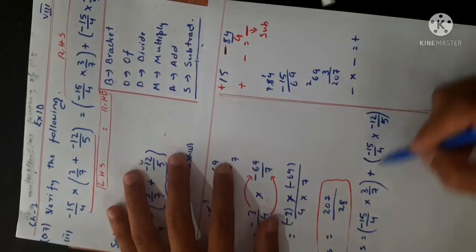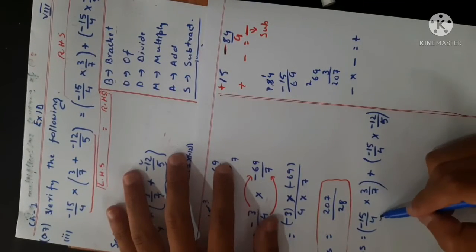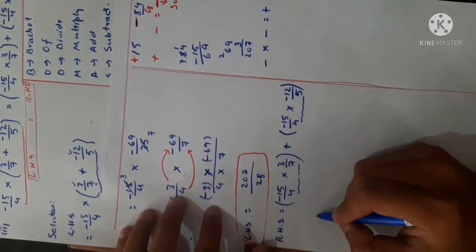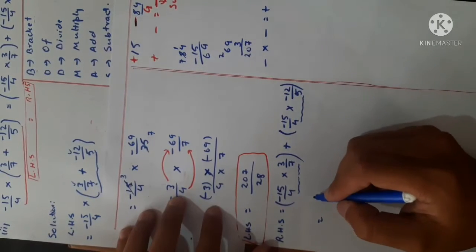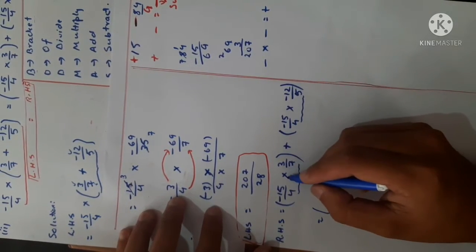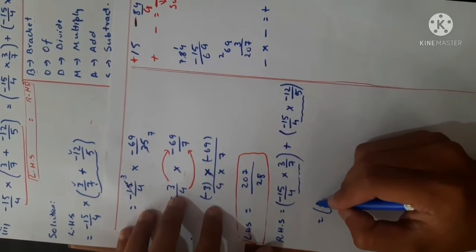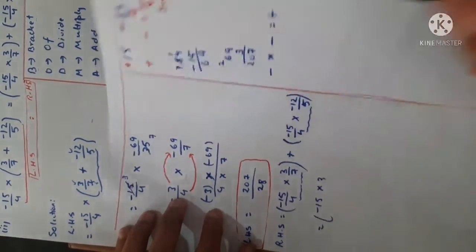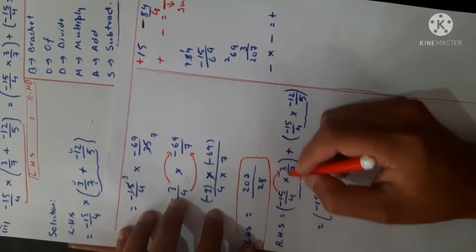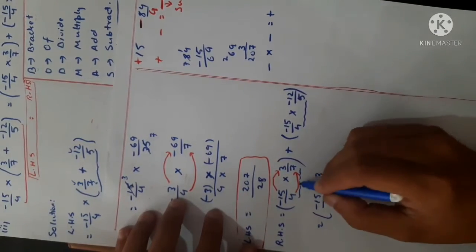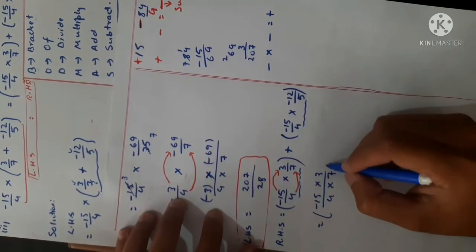So here we have a bracket, so we solve first the one in the bracket. Minus 15 multiply 3. This is a multiplication, isn't it? So we just multiply minus 15 multiply 3. Remember, numerator with numerator and denominator with denominator, divided by 4 multiply 7.